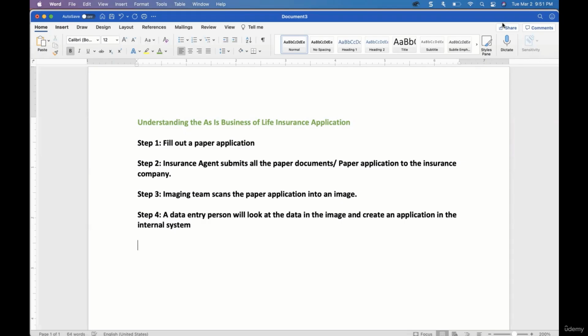Are you all following what I'm saying? Yes. Thank you. Step 5. What happens next? So now we have an application. The application is reviewed by an underwriter.